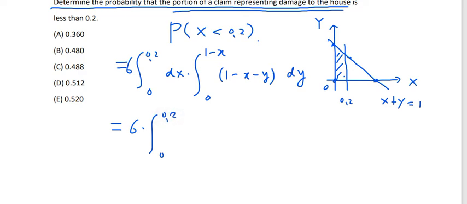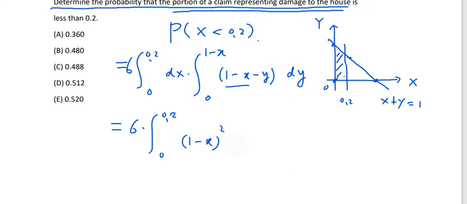Okay, so 1 minus x is really a constant. Integrated out, it is 1 minus x times the distance between the upper and lower bounds, which is 1 minus x, so this is (1 minus x) squared.